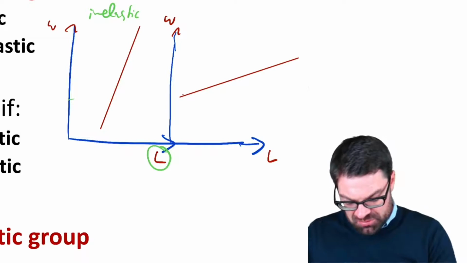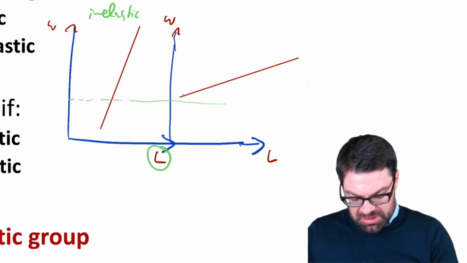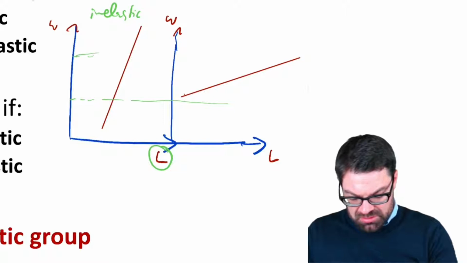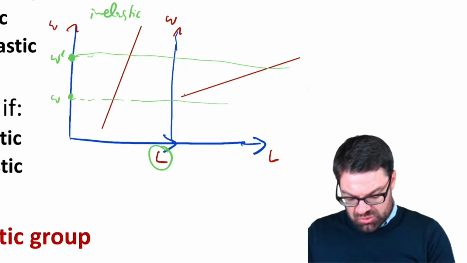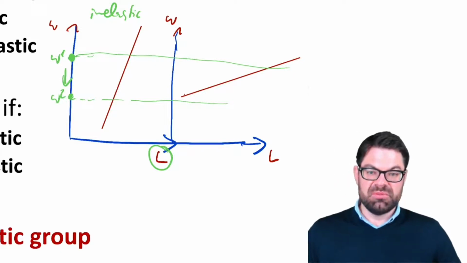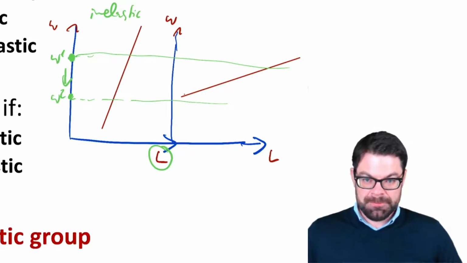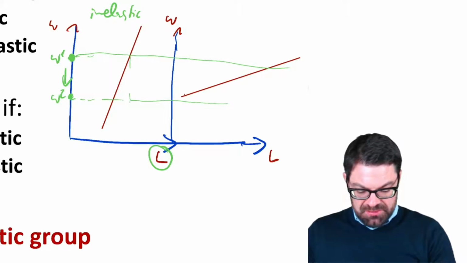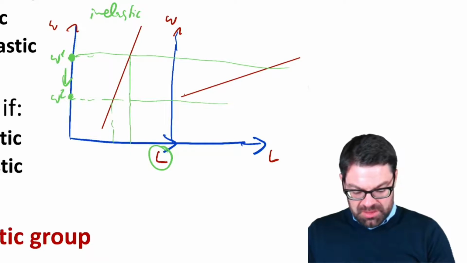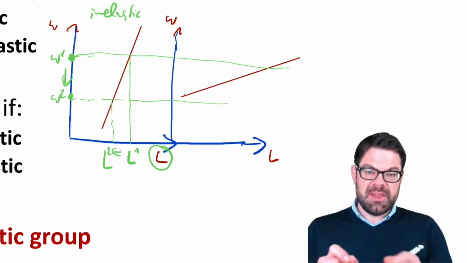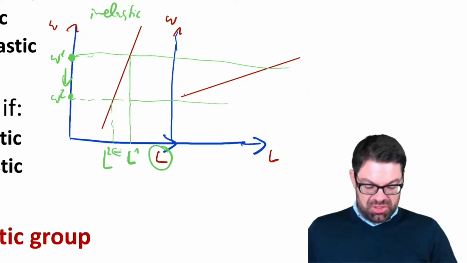Okay, so if I change the wage from here to here, so let's say I start here, that's W1. And that is W2, and let's say we are in a situation where the wage is getting reduced. So then you can see here, if the labor supply is relatively inelastic, the amount supplied here would be L1, and then we would move down to L2.